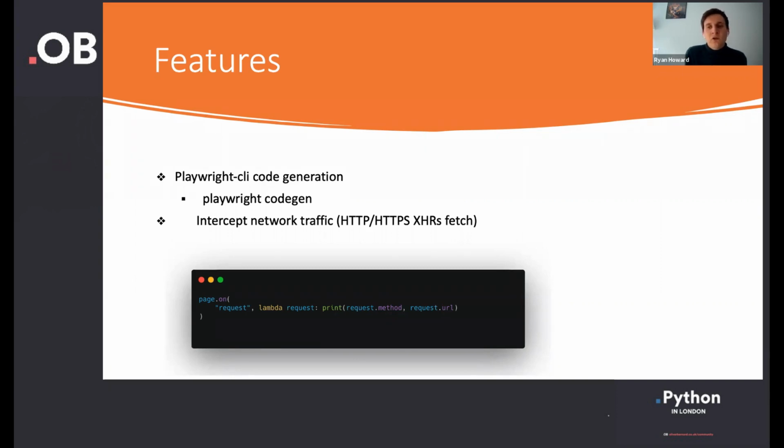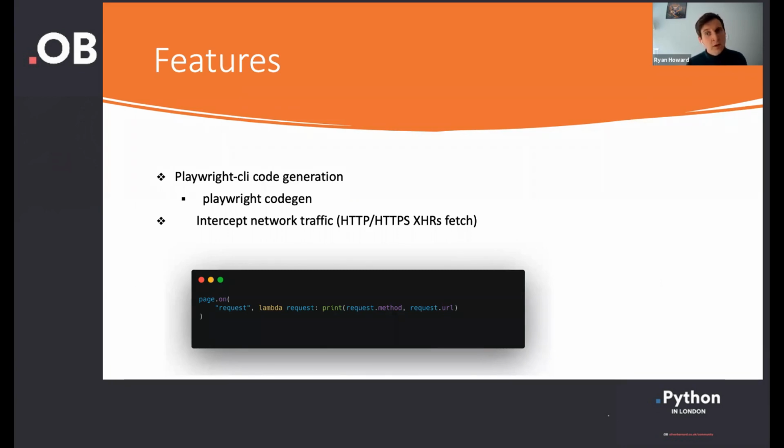Intercept network traffic. So this is a really cool feature, and it's not the only tool to do this. There are tools like Cypress which will do the same thing. And what this essentially allows us to do is intercept, check and monitor any of the network traffic that's happening behind the scenes.